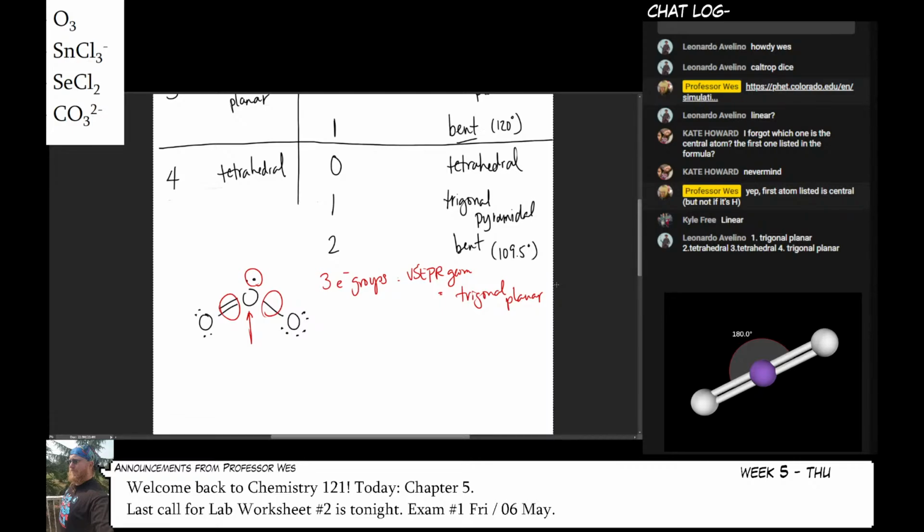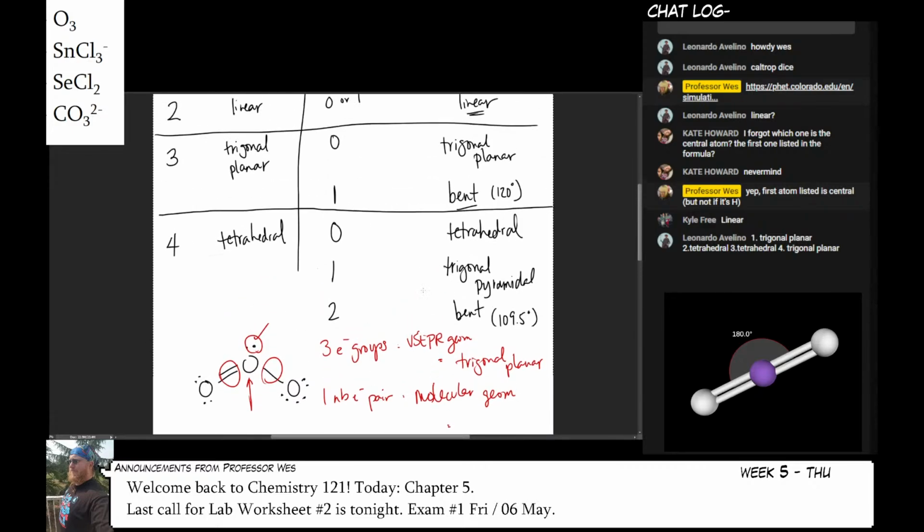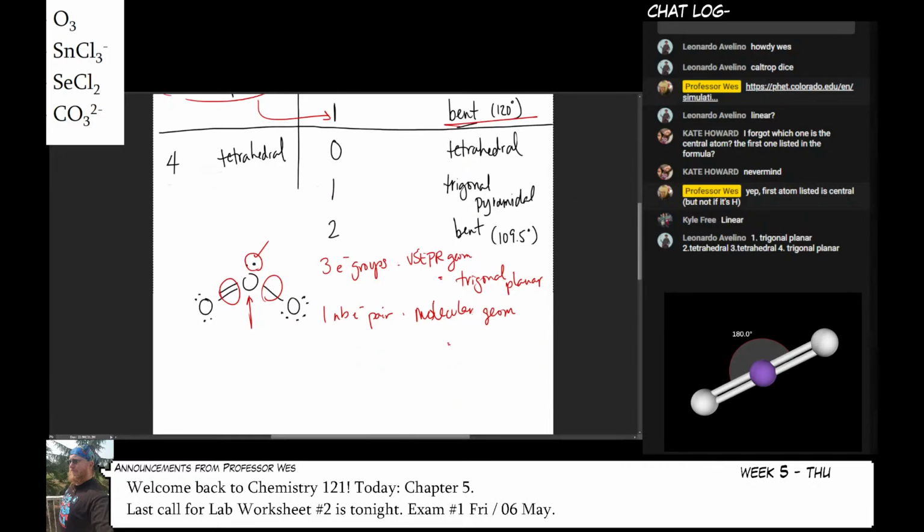And then of those 3 electron groups, I indicated how many are electron pairs. Well, one of them is. So the molecular geometry would be, if I was trigonal planar and I have 1 electron pair, it would be bent.